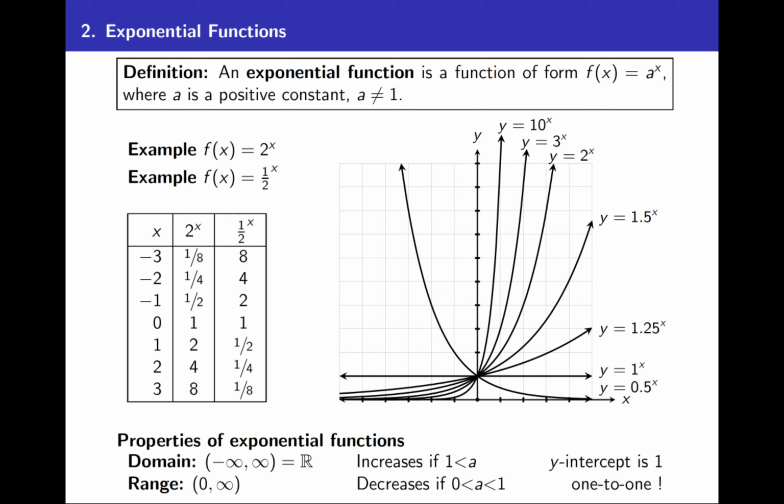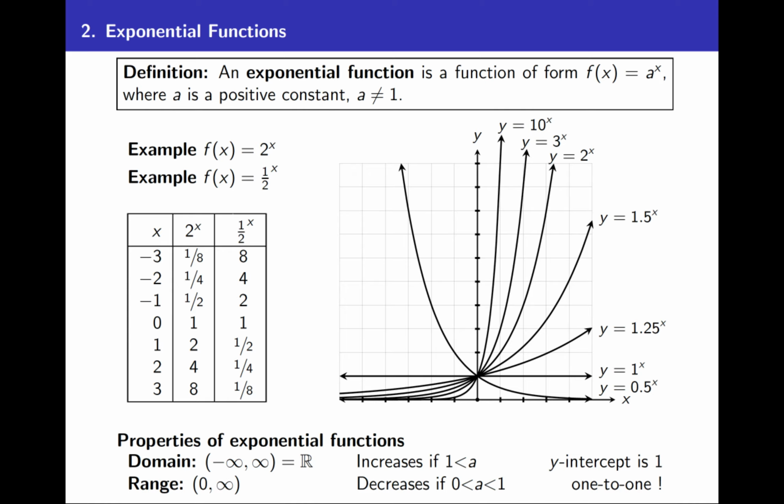And finally, and this is a very important point that I'll leave you with, every exponential function is 1 to 1. If you single out, say, y equals 2 to the power of x, it passes the horizontal line test. It's a 1 to 1 function. So it's going to have an inverse.